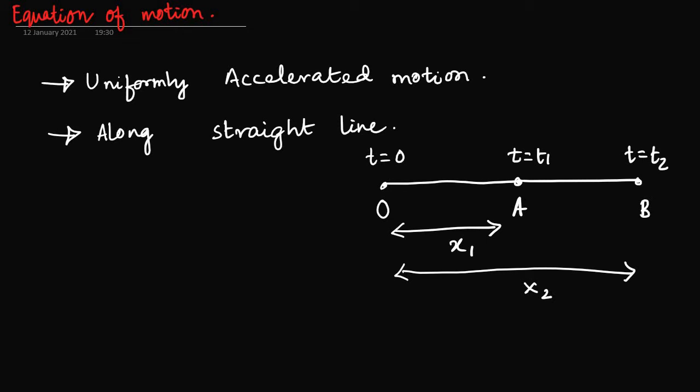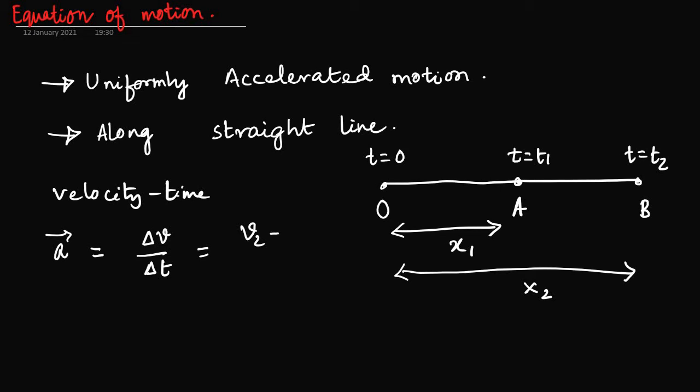If we take the velocity-time relation, the acceleration a equals the change in velocity, delta v, divided by the change in time, delta t. Delta v is v2 minus v1, the change in velocity from O to A, then A to B, divided by t2 minus t1.